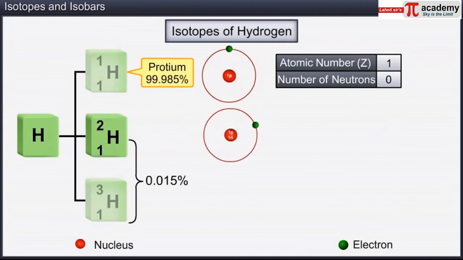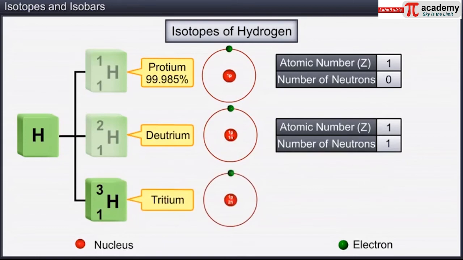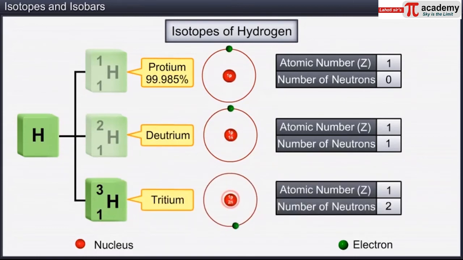The remaining 0.015% contain two other isotopes, deuterium, which contains one proton and one neutron, and tritium, which contains one proton and two neutrons. You can see that all these three isotopes have the atomic number 1 and mass number 1, 2, and 3 respectively.